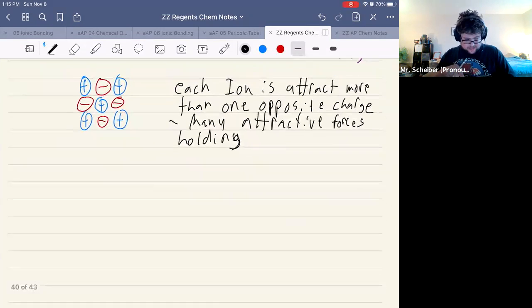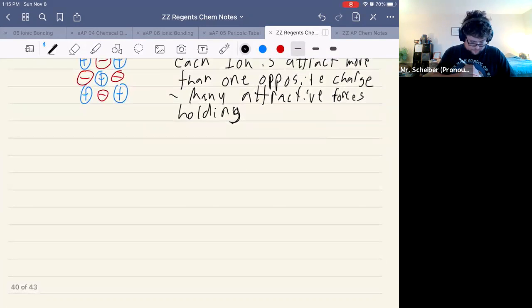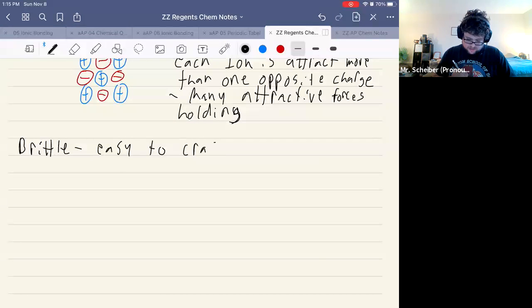Okay? And unlike metals, ionic compounds are very brittle. They are easy to crack, not bendable at all. They're not malleable, and they are not ductile at all. And that also has to do with that crystal lattice structure. So once again, let's draw our 3x3.